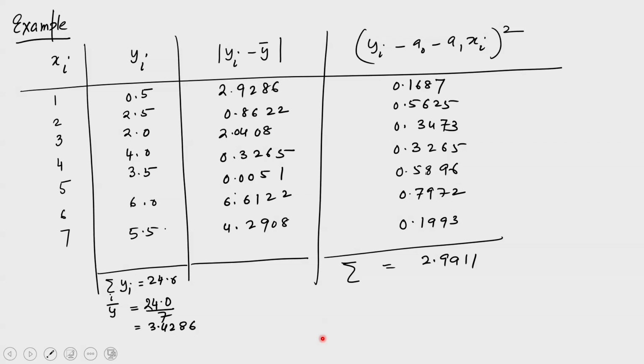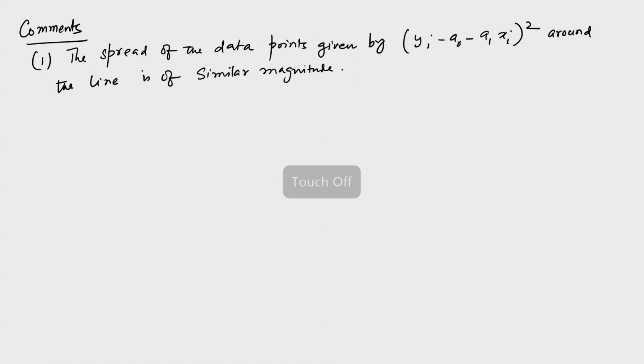So, they are of the same order, and this is a feature that we have been able to minimize the sum of the residual error. Okay. So, they are similar in magnitude.